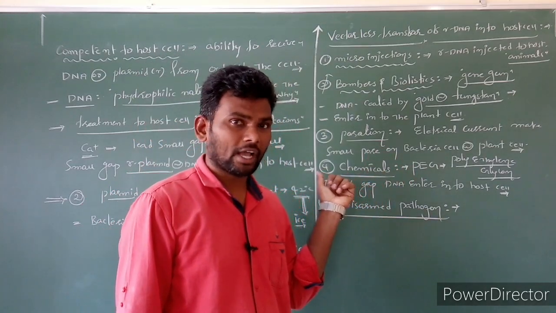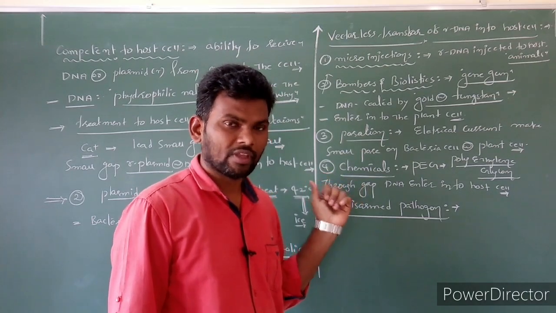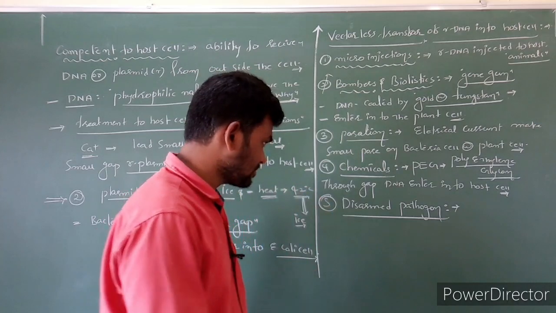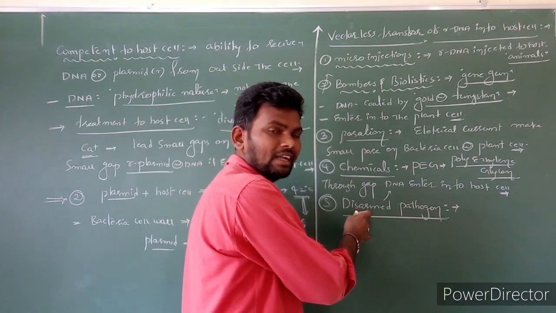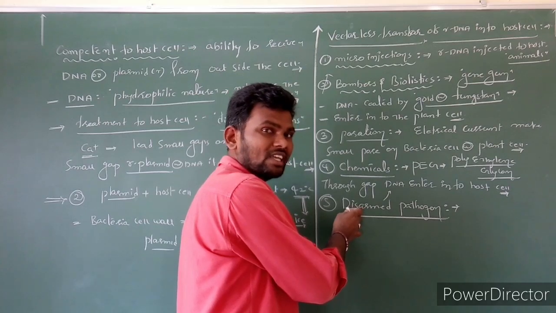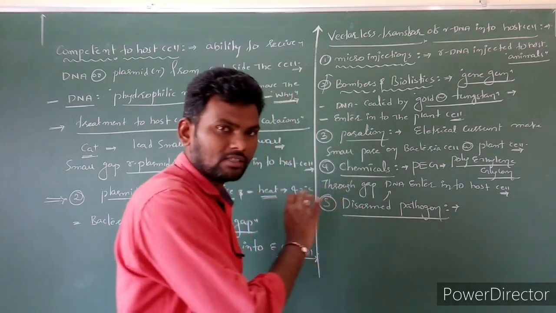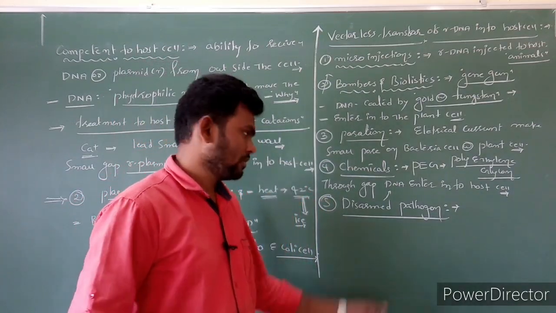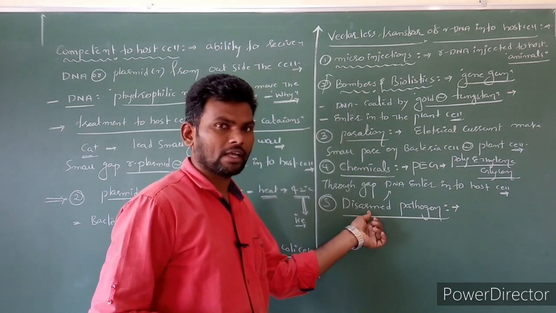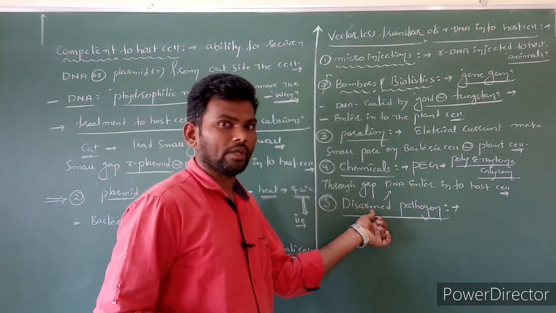Agrobacterium tumefaciens plasmid, nothing but the T-DNA, as well as retroviruses. Disarmed pathogens means the disease-causing genes are eliminated. Now the pathogen is no more harmful to plants as well as animals. So such genes we are using for cloning.